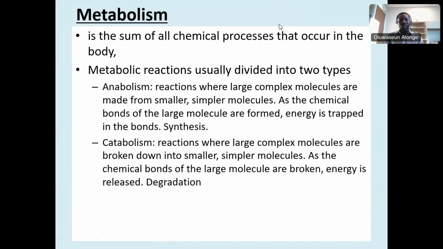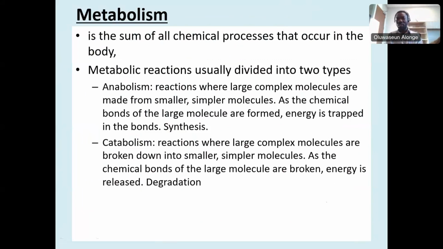Now, metabolism. I'm beginning to talk about things that are very integral now. Metabolism simply means the addition of different activities in your body, chemical changes in your body that involve either breaking down large molecules or building small molecules. Now, think about it.